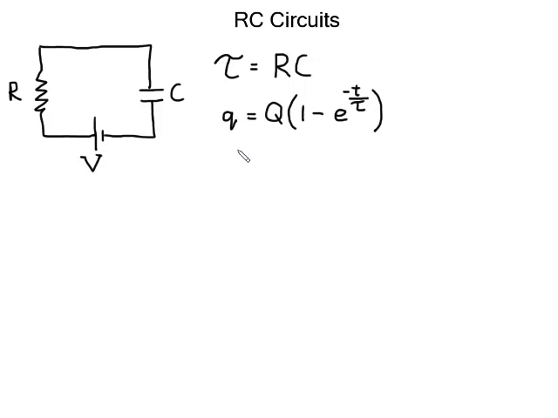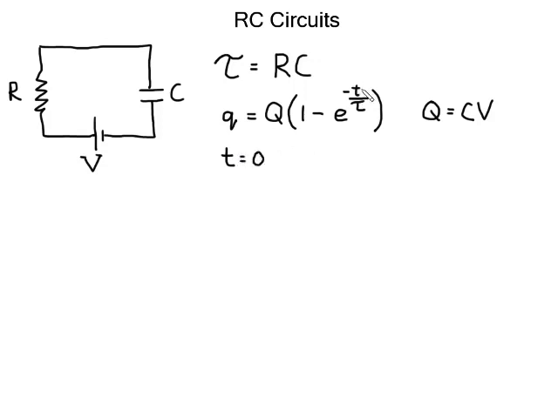time of 0 to, say, a time of infinity. You would imagine if you let it go infinitely long, all the charge that would wind up on the capacitor will wind up there. And that total charge is still going to be calculated using our trusty old capacitor formula, which depends on the capacitance of the capacitor and the voltage that's applied. To get to that maximum Q, we're going to start out at time equals 0.